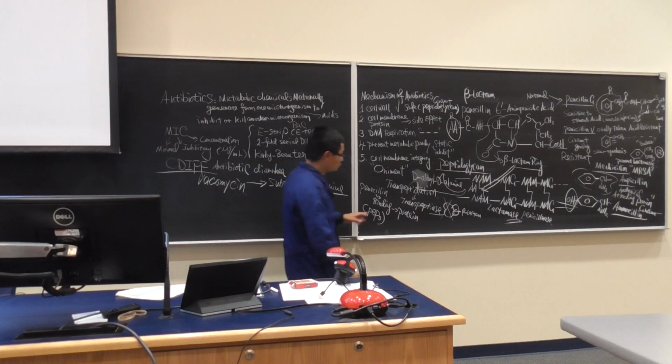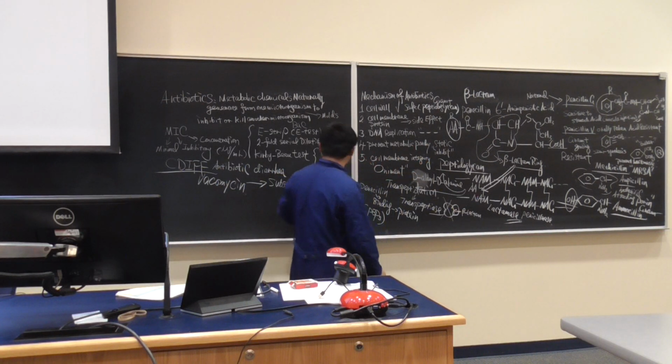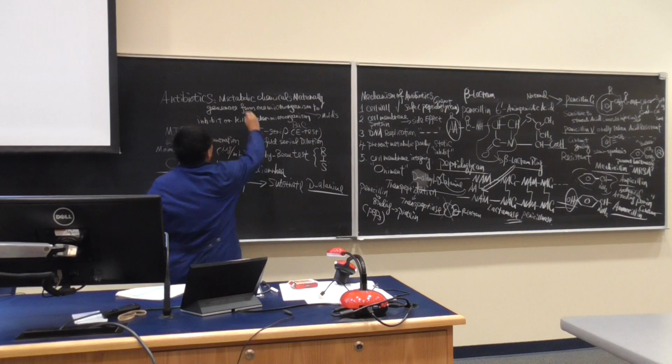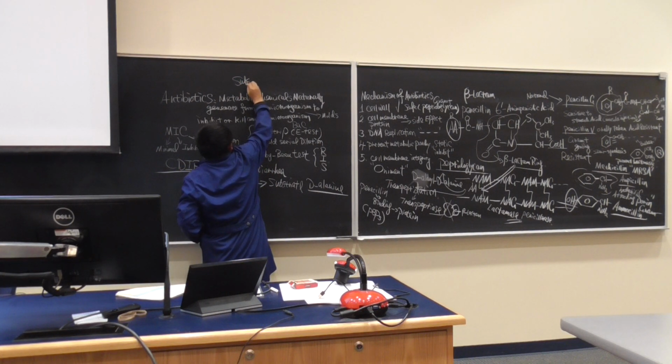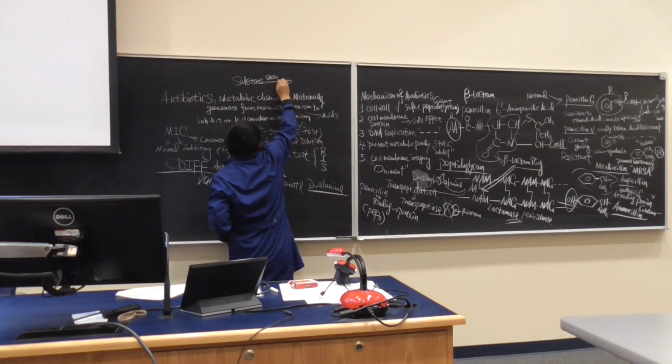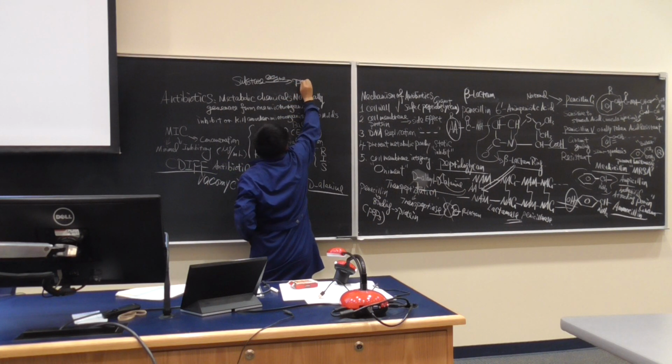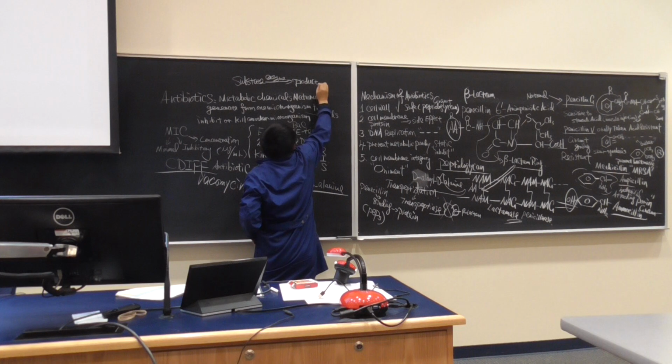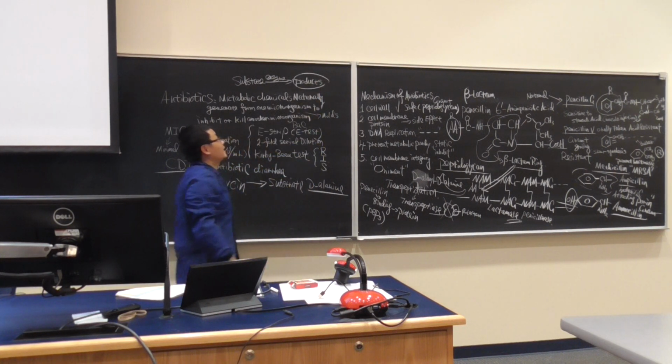So basically, penicillin works on the enzymes, and vancomycin works on the amino acids. Remember, substrate and enzyme come out with products. I don't want these products to work because it's peptidoglycan.